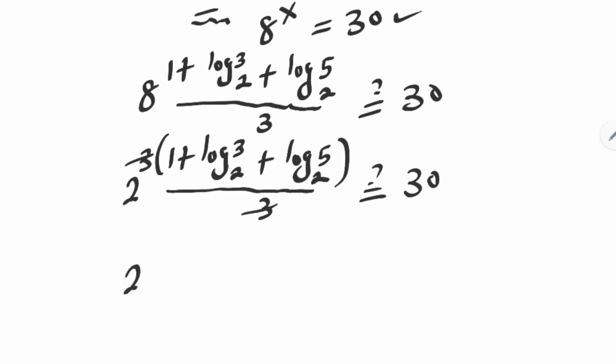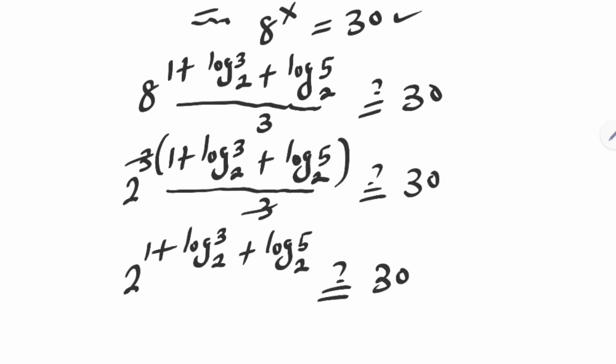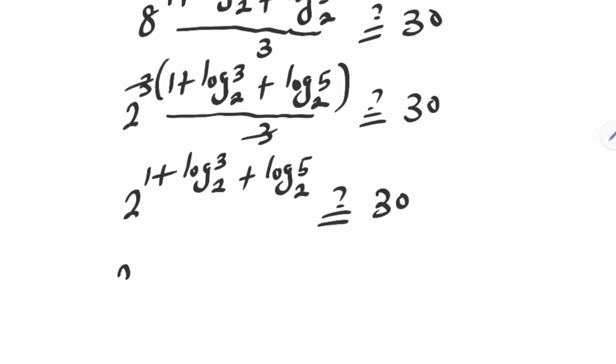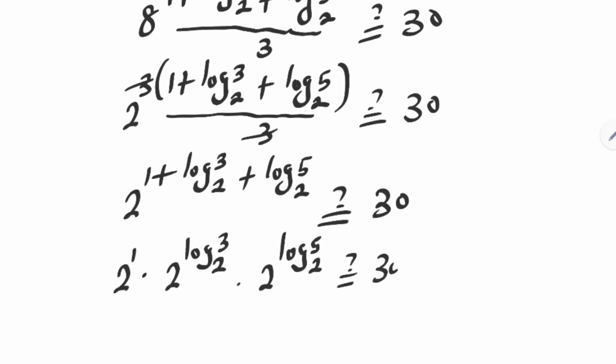We have 2 raised to power 1 plus log 3 base 2 plus log 5 base 2 must be equal to 30. This is same thing as 2 raised to power 1 multiplied by 2 raised to power log 3 base 2 multiplied by 2 raised to power log 5 base 2 must be equal to 30.